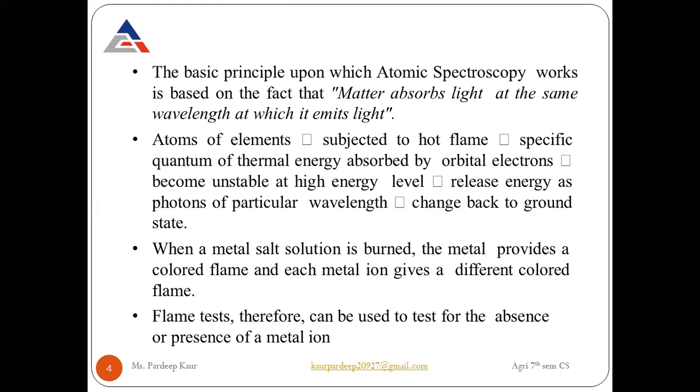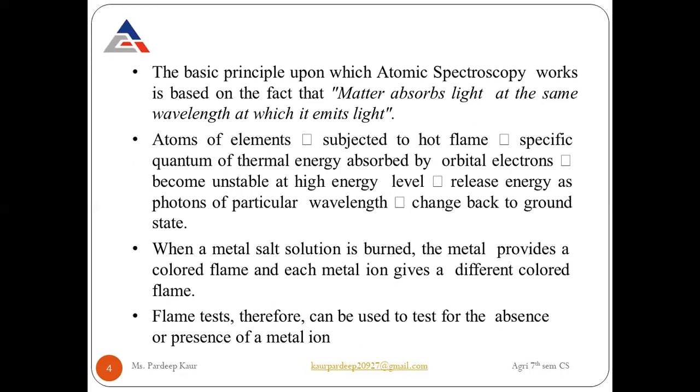Next, the basic principle upon which atomic spectroscopy works is based on the fact that matter absorbs light at the same wavelength at which it emits light. What is the first step?